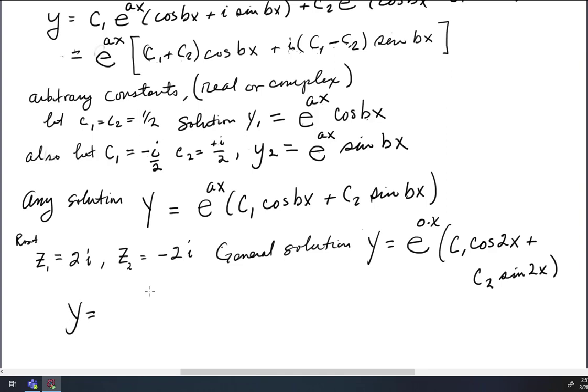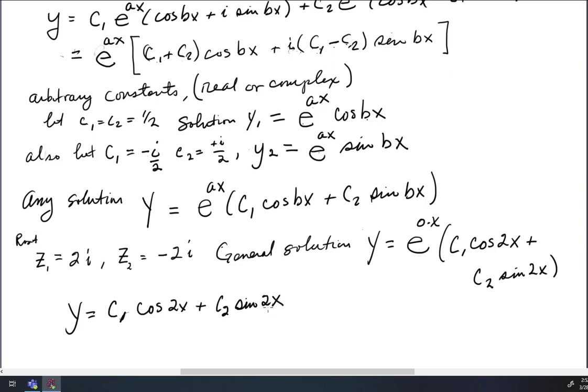And that is why, since e to the 0x is 1, this would just be, in our case here, c1 cosine 2x plus c2 sine 2x.